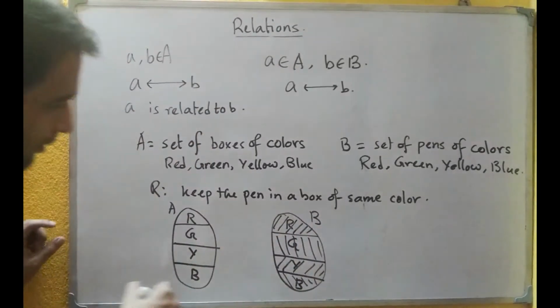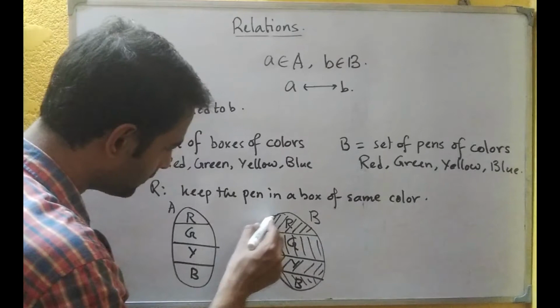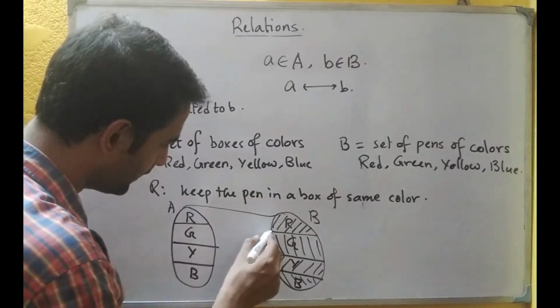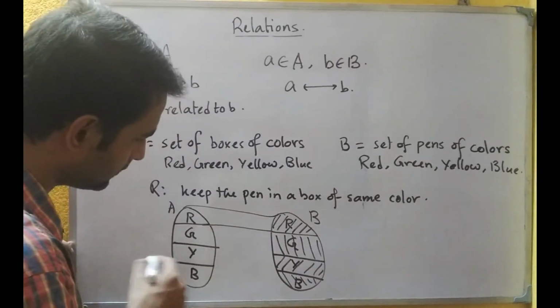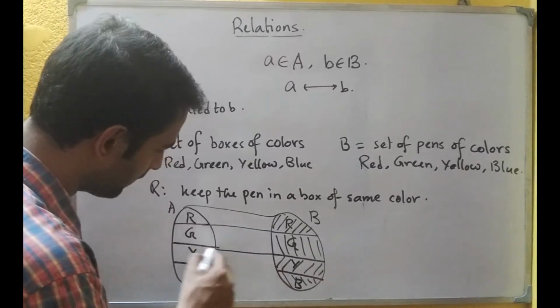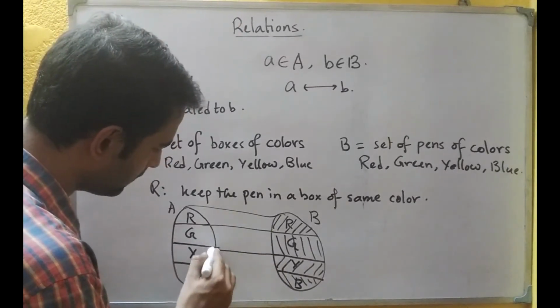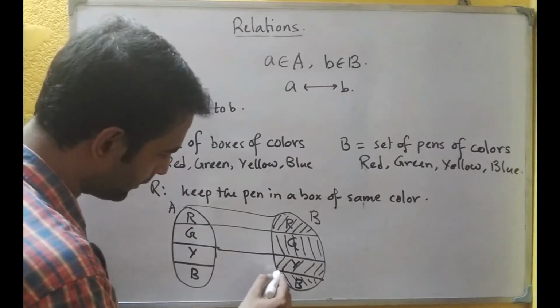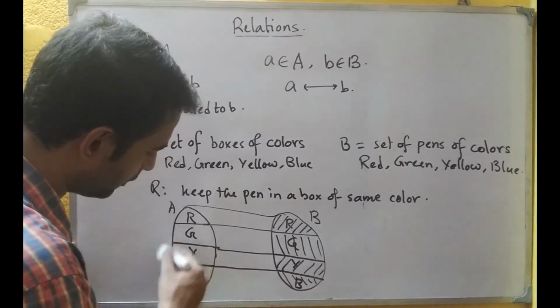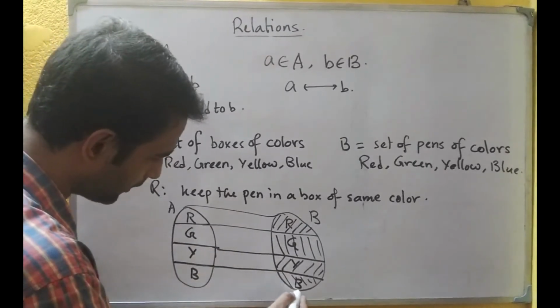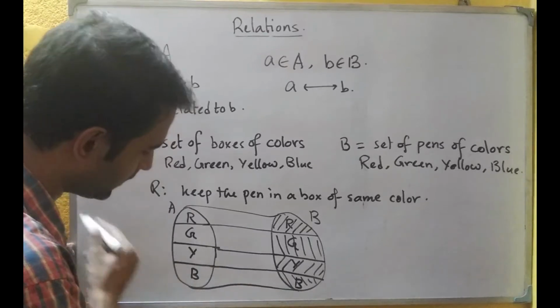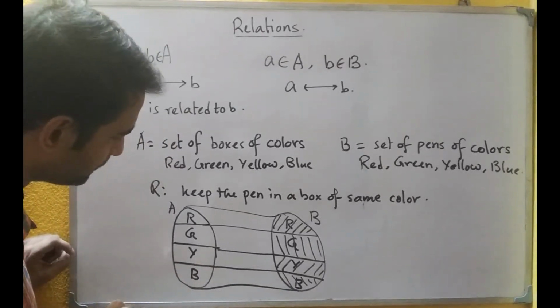So all the red pens will be kept in the red box, all the green pens will be kept in the green box, all the yellow pens will be kept in the yellow box, and all the blue pens will be kept in the blue box.